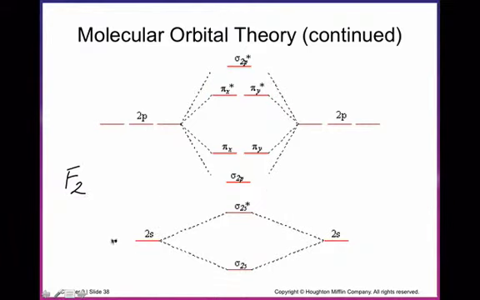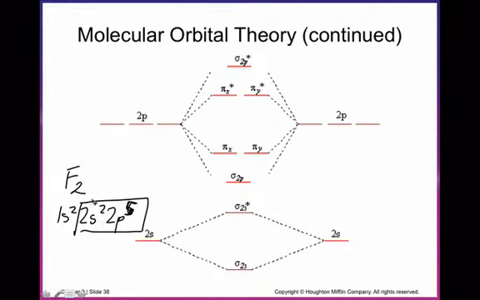So with the fluorine, if we want to think electron configuration, it would be 1s2, 2s2, and then 2p5. That's how you need to start off first, is just by thinking about the electron configuration.